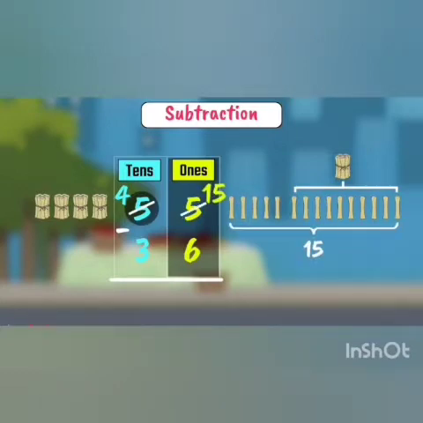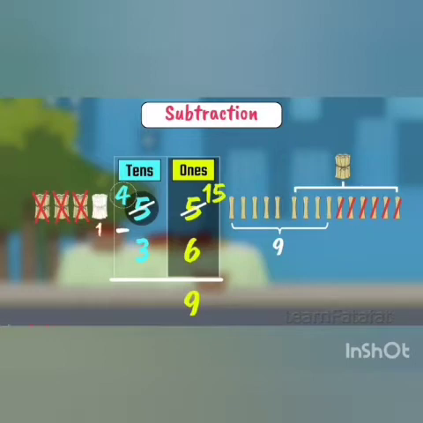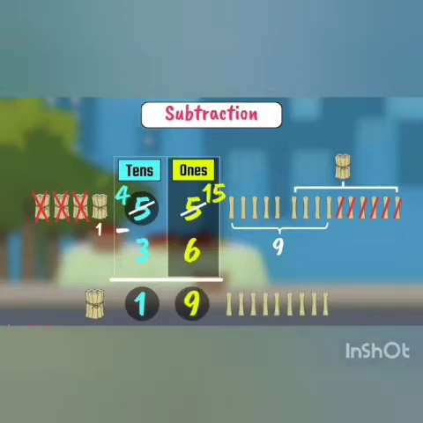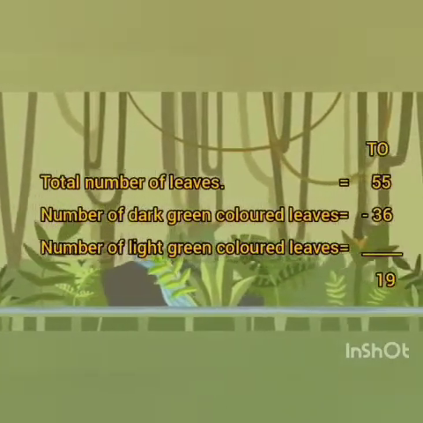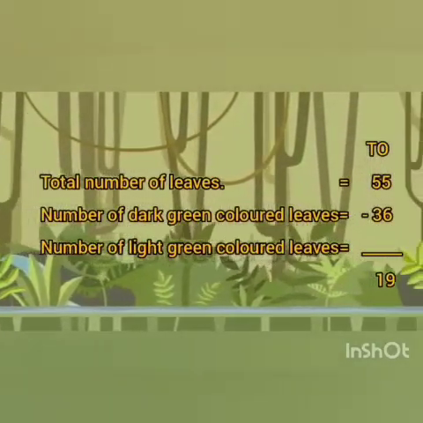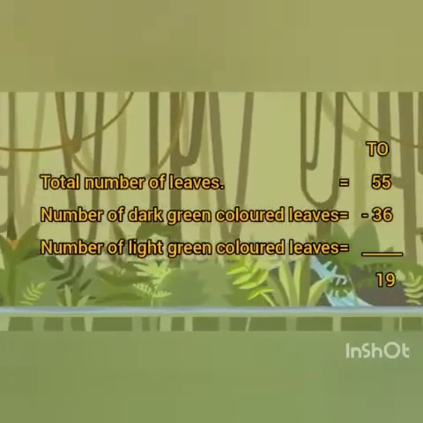So here at ones place we will have 15 ones. So now we will subtract 6 from 15. So at ones place we will write 9 because only 9 ones are left, and at tens place we will subtract 3 from 4. So we will have only 1 tens left. So our answer will be 19. So kids, number of light green colored leaves will be equal to 19.